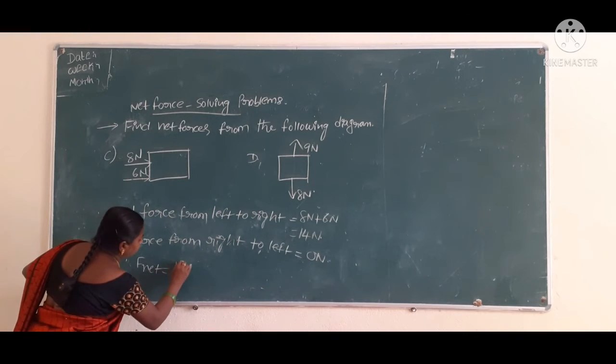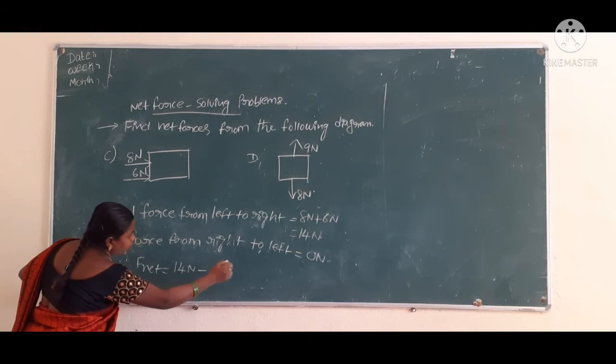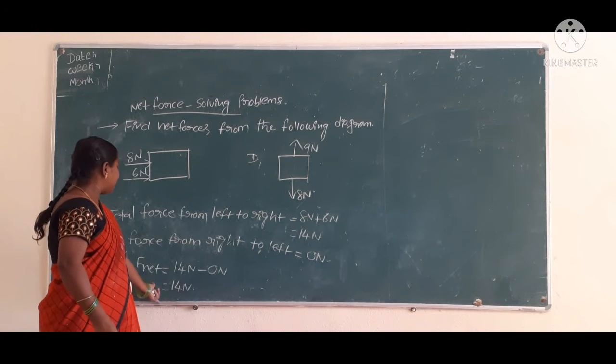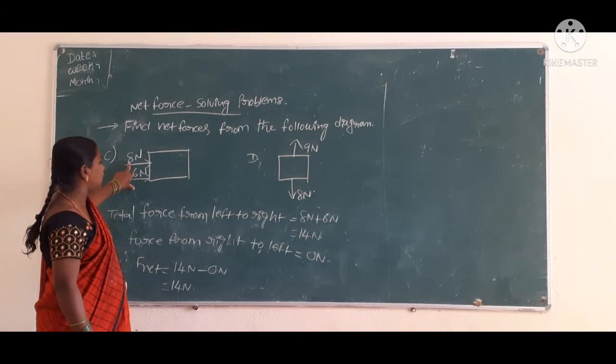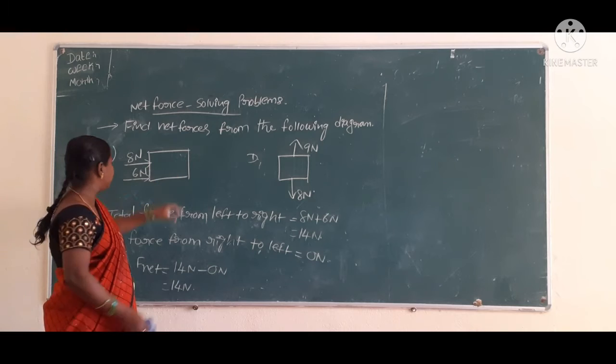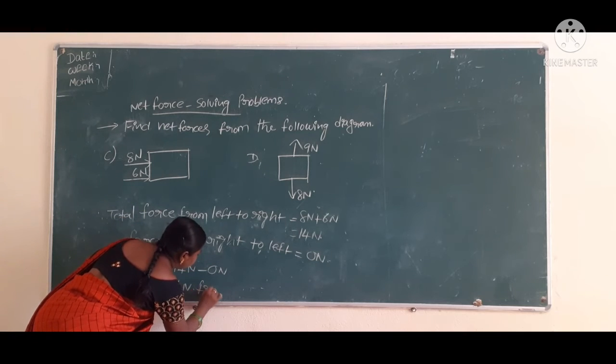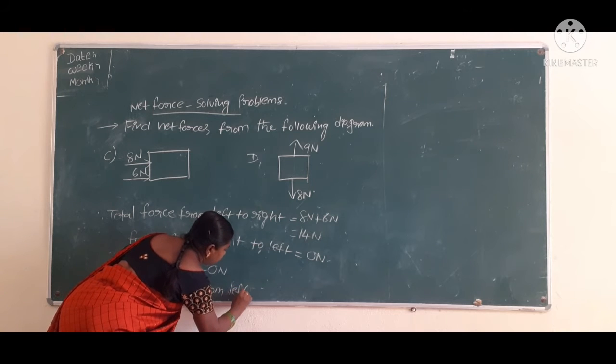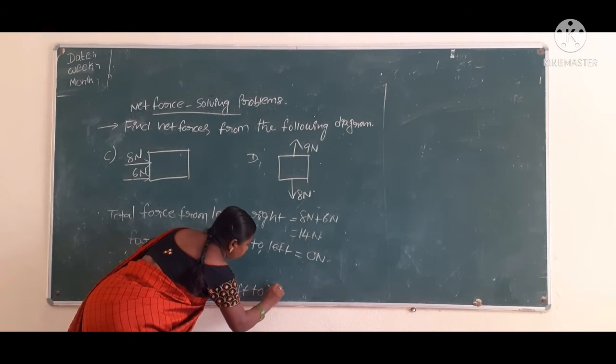The biggest number is 14 newtons and the smallest number is 0, so this is equal to 14 newtons. The 14 newtons acts from the left side to the right side, in the left to right direction.